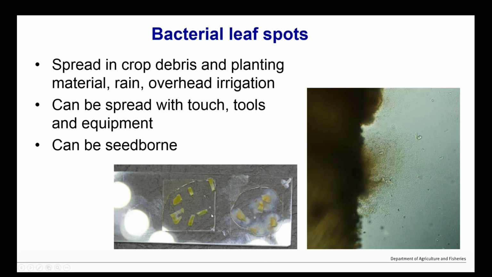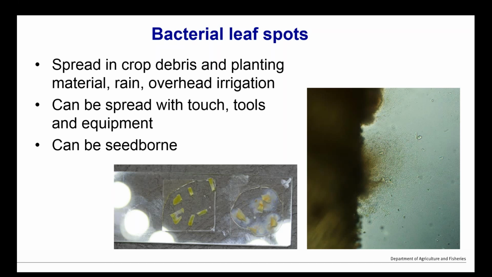Other times it could look basically like this, or maybe have only a slight margin. Other times the bacterial pathogens won't even produce ooze at all, and so then you have to be fairly canny as a diagnostician to do a bacterial isolation, knowing that there is a pathogen that causes these symptoms that doesn't always produce ooze consistently.